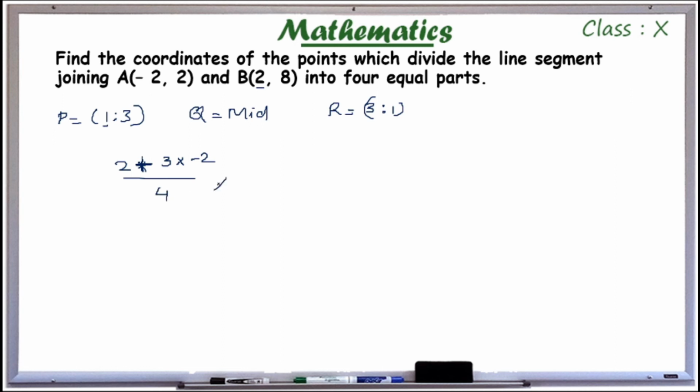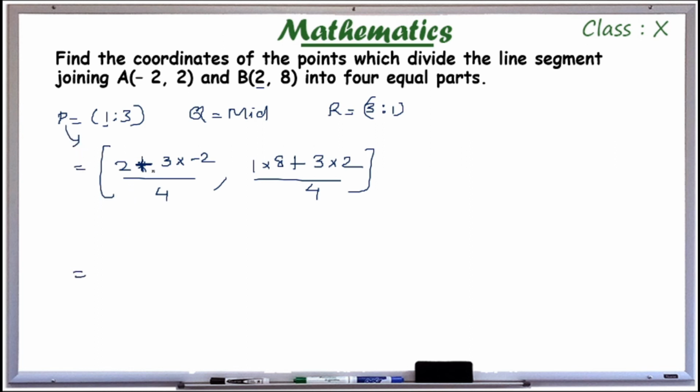And for the y coordinate, m1 y2, where m1 is 1 and y2 is 8, plus m2 y1, where m2 is 3 and y1 is 2, by 4, m1 plus m2. So this is the coordinate of P using the section formula.